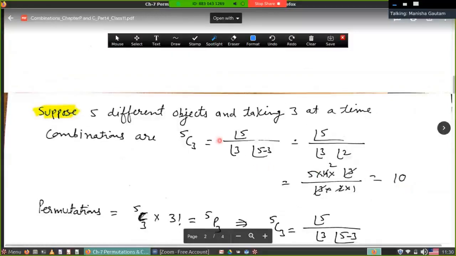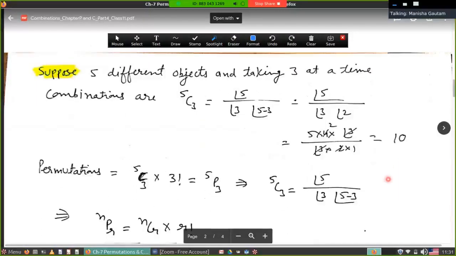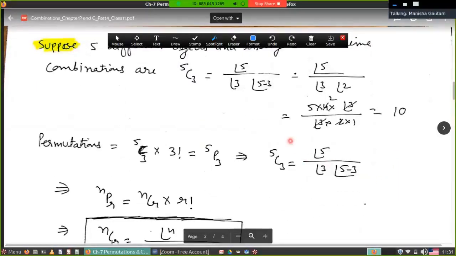As I move forward, suppose 5 different objects are there and you have taken 3 out of 5. Then you can write 5C3. It means factorial 5 upon factorial 3 and factorial 5 minus 3. You get 10. When you want to calculate permutations of these 5 selecting 3, it is 5C3 into 3 factorial.